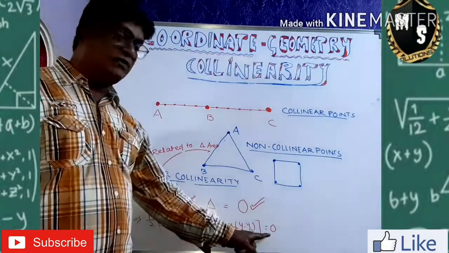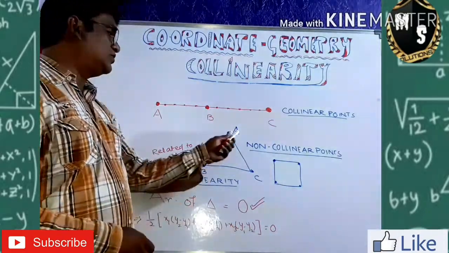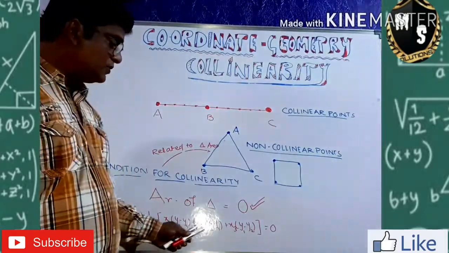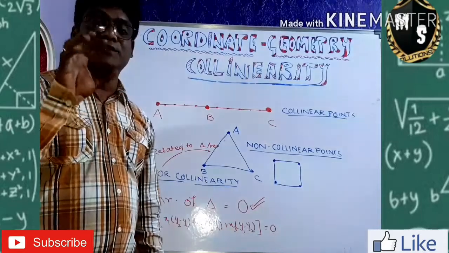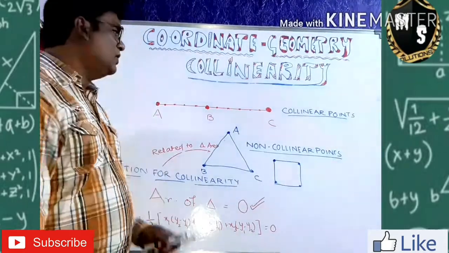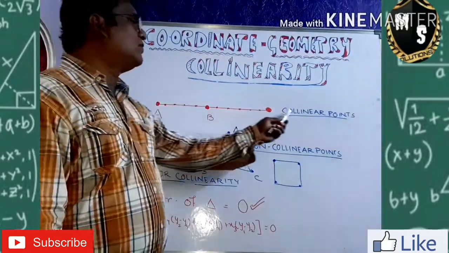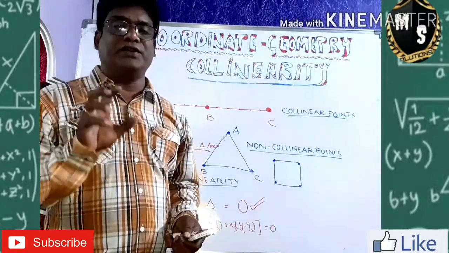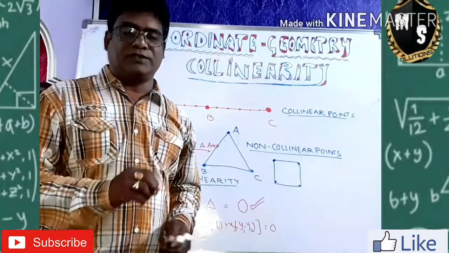That area must be equal to 0. If x1, y1, x2, y2 and x3, y3 are given to you, put your values and see whether it comes to 0 or not. If it is 0, then definitely A, B, C are collinear points. That is called the condition for collinearity. I hope you understood it.